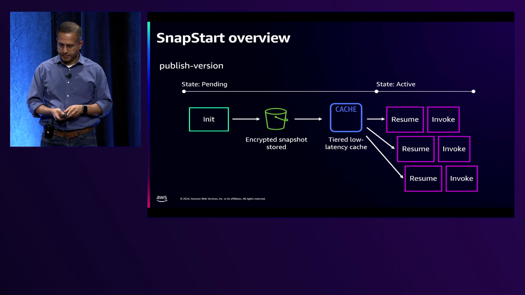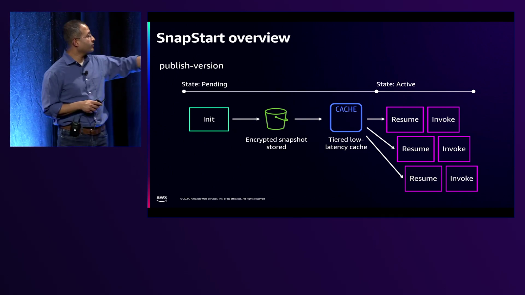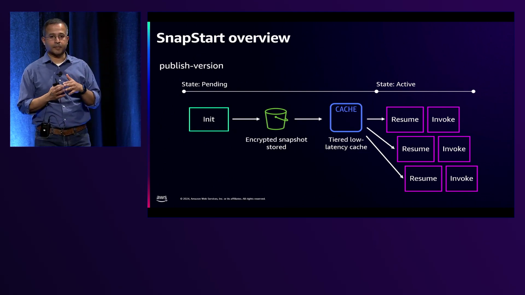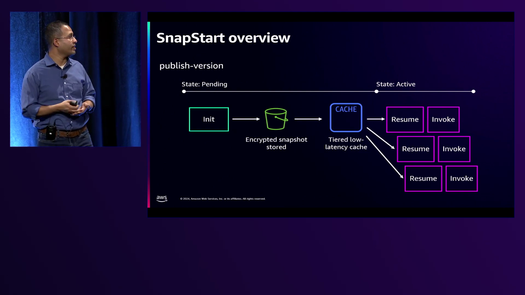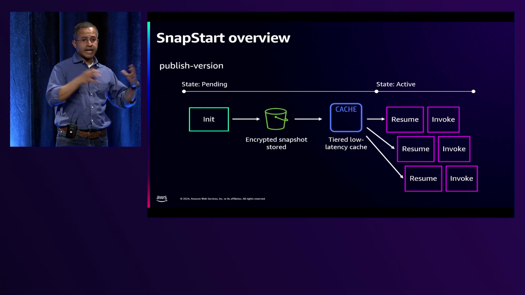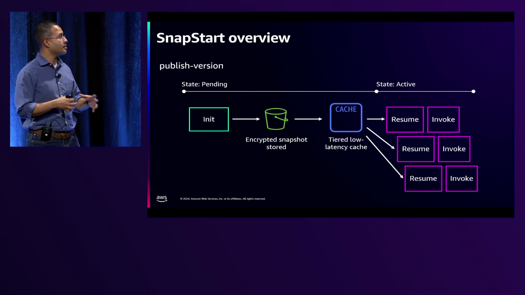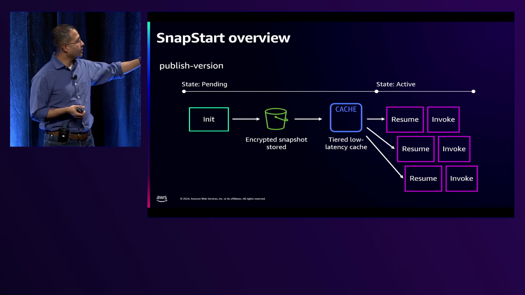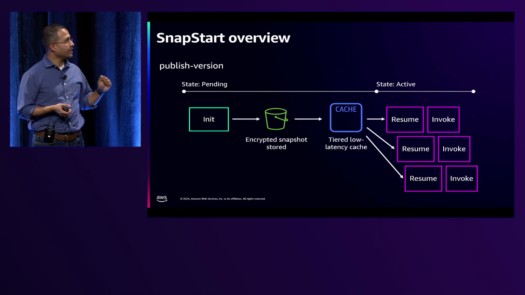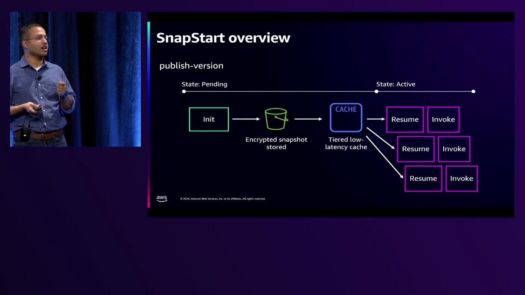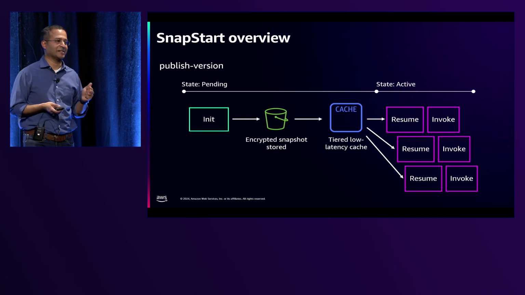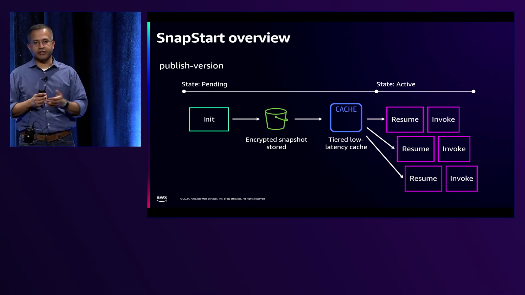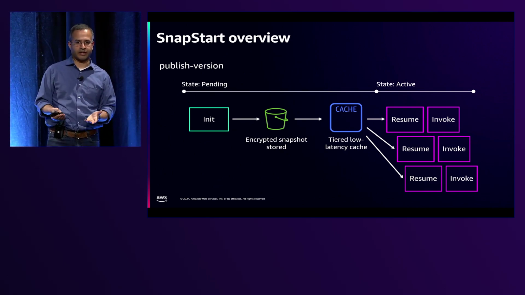When there are multiple requests or multiple invokes happening on your Lambda function, Lambda will scale up and spin up multiple execution environment instances, and all of them will use the snapshots that were stored to resume and invoke the function and run the function handler that you have.